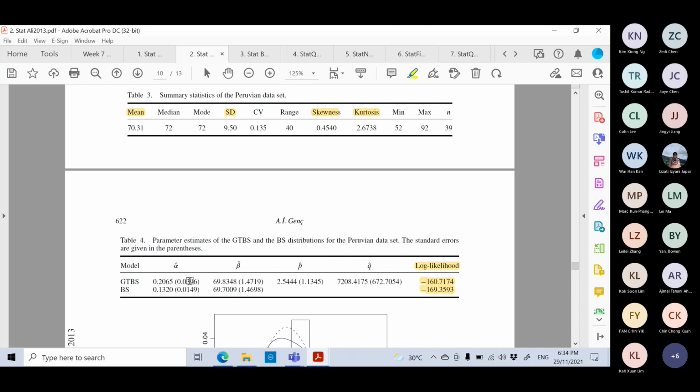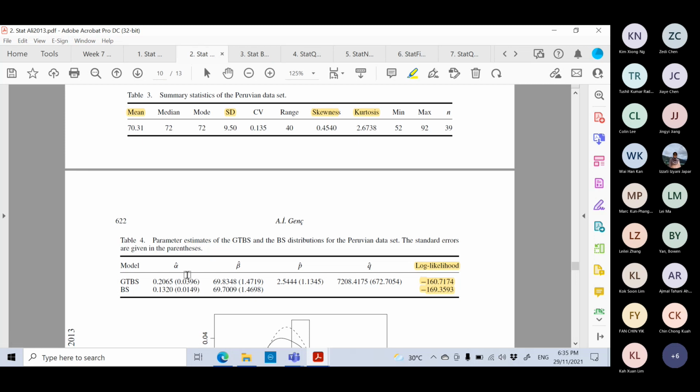The standard errors use the Hessian matrix from just now, and then they calculate the standard error to check whether a parameter is significant or not significant. So for example, if P and Q are the parameters for the GTBS, and let's say Q is not significant, there is no point going for the GTBS because one of your parameters is not significant.